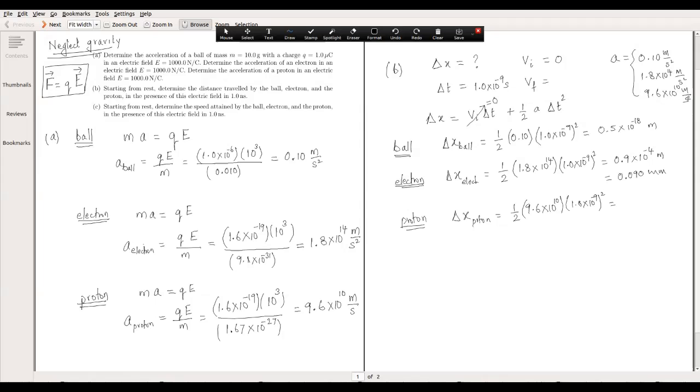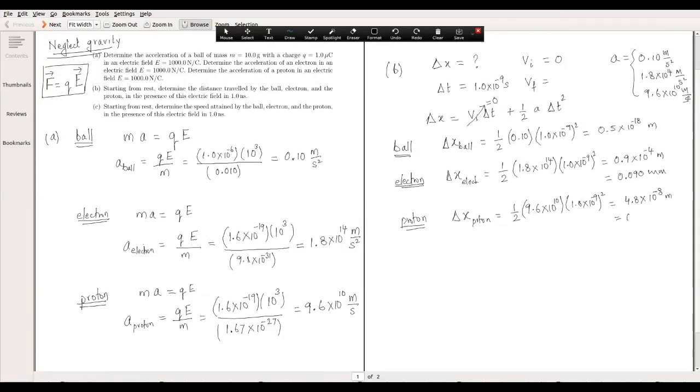Half of 9.6 is 4.8, and 10 raised to minus 18 times 10 raised to 10 gives 10 raised to minus 8 meters.